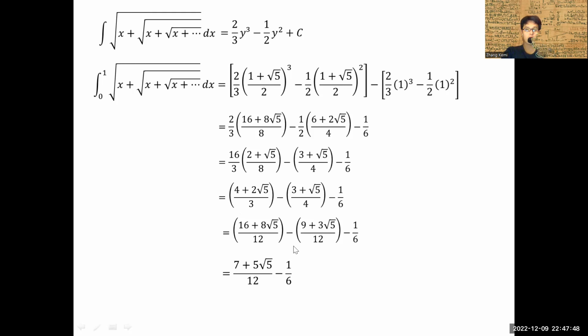This whole chunk here will be (7 plus 5 root 5)/12, and 1/6 remains as 1/6. If I subtract them, I get none other than 5(1 plus root 5)/12. And that is our answer to this question. So the answer is 5 multiplied by (1 plus root 5) over 12.